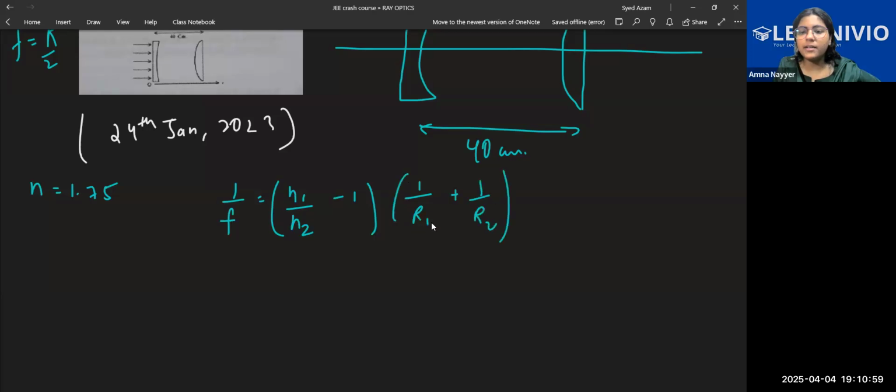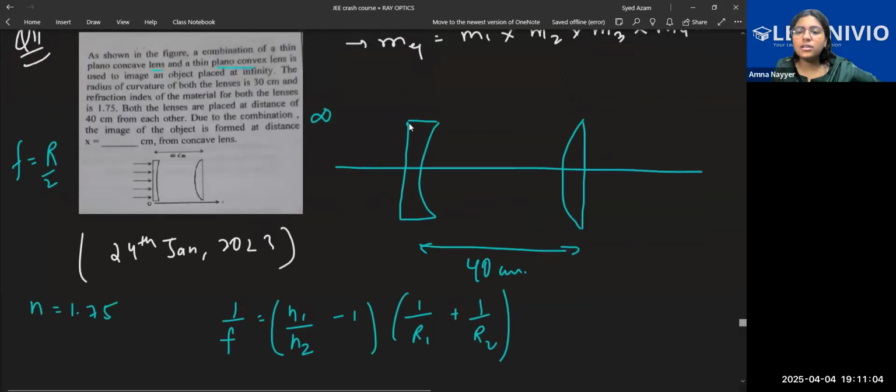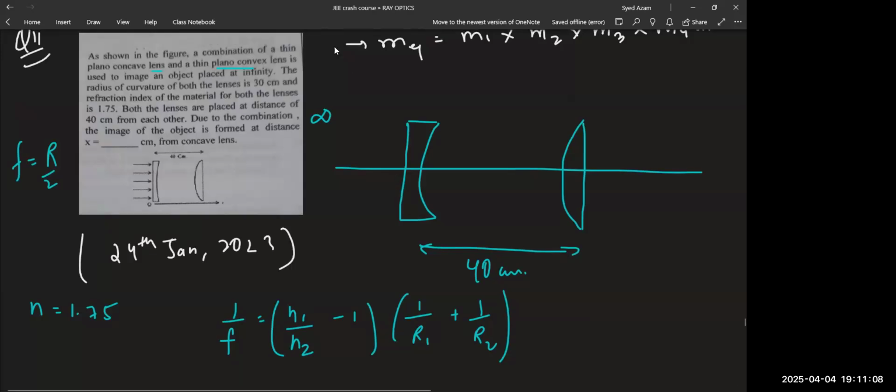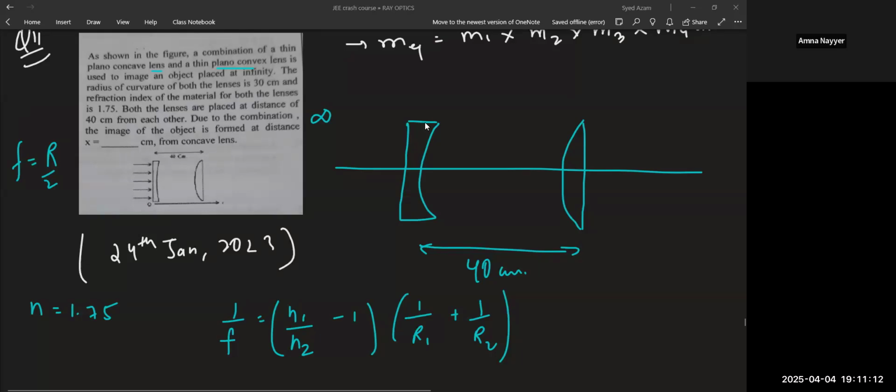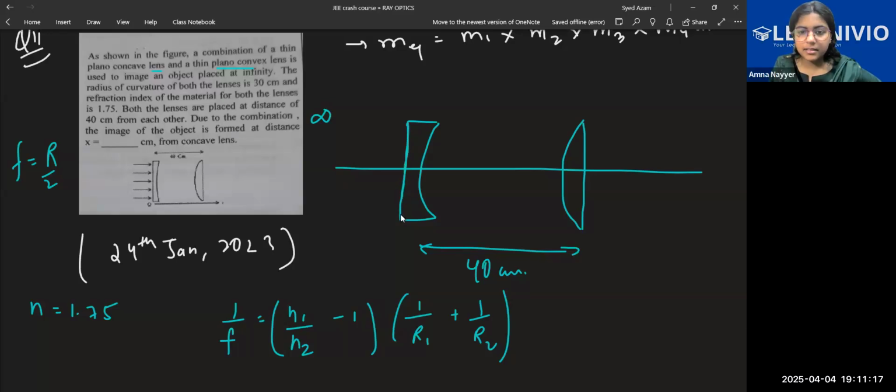Now look, for the first one, we have the plane surface. So what will be the radius of curvature for this plane surface? Yes, Upasna, what will be the radius of curvature for this plane surface? We did it in mirrors when we were doing the plane mirrors.